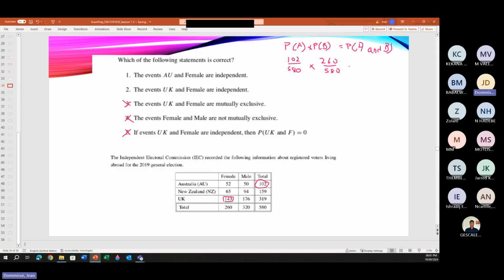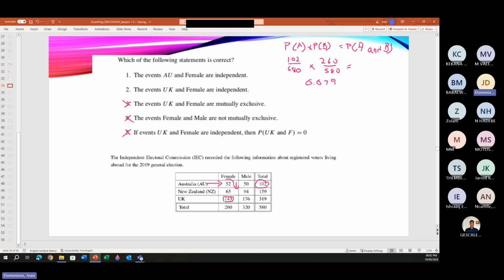And so if we work out that answer, 102 divided by 580 times 260 divided by 580, I get a rounded off number of 0,079. Let's check what is the probability of Australia and female.